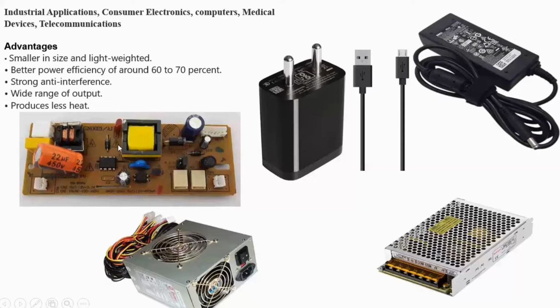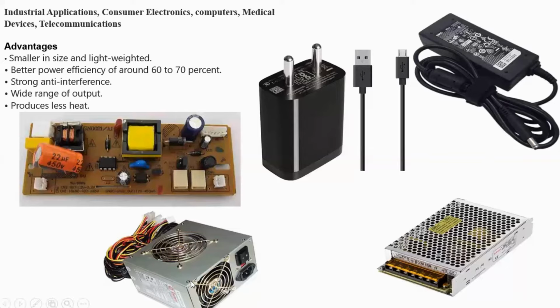So where do we use it? I'm putting my cursor over here. This is your TV power supply. Your LED and LCD TVs have a power supply like this, which is also SMPS. This is your mobile phone charger, which charges the battery of your mobile phone. That is also SMPS. In the top right corner you will see a laptop charger.